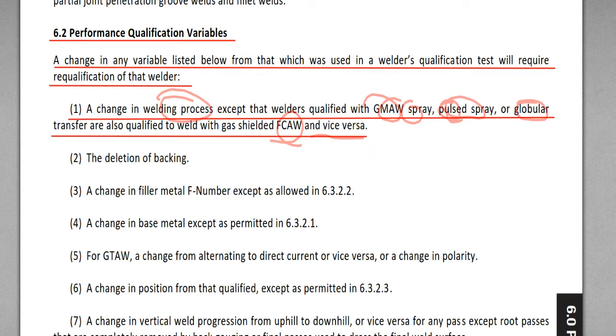Here it doesn't mention the short-circuiting transfer mode. If you use short-circuiting transfer mode, you are only qualified for short-circuiting transfer mode, and you're not able to change from short-circuiting transfer mode to spray or pulsed spray or globular. That requires requalification.